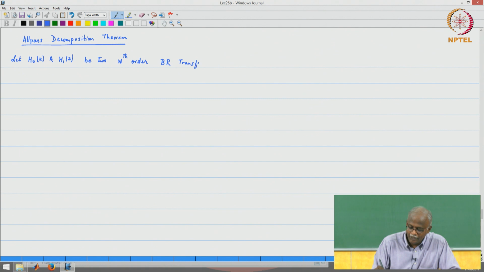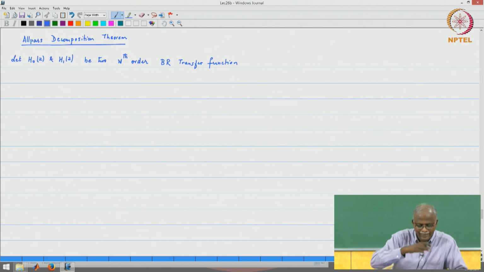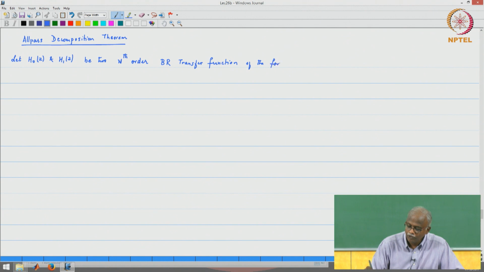They are individually bounded real transfer functions. Okay, that means they are well behaved. There is no pole that will shoot up on the unit circle. They are bounded. Okay, of the form. Now some of it may seem counterintuitive at the beginning, but just take it down. We will justify the details subsequently.